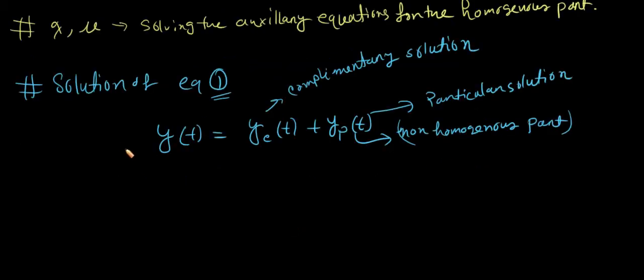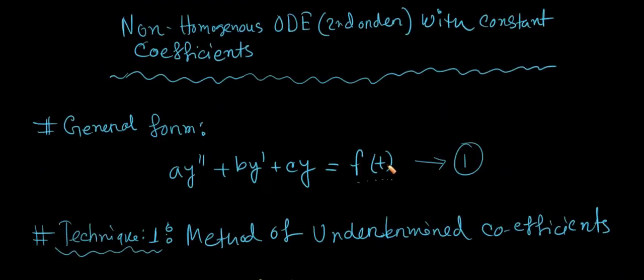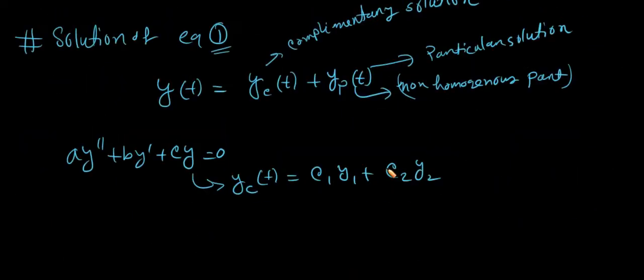If you recall, for an equation like this, where the right hand side is just 0, you could write the solution, which we are now denoting as yc, as c1 y1 plus c2 y2. These y's are also functions of t, but I'm not writing that explicitly. So whenever you solve the homogeneous equation you get the complementary solution, and the particular solution comes from this f of t, when you want to deal with f of t.